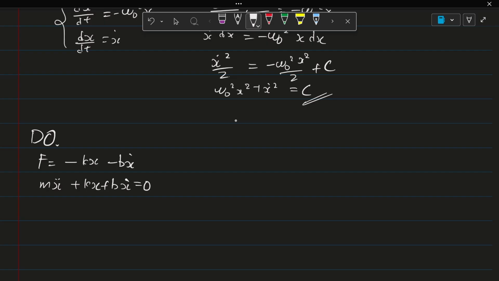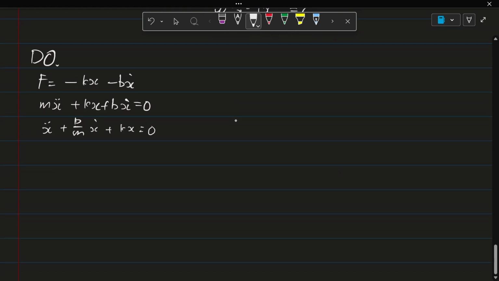So let's divide everything by m. So this would be x double dot plus b over m x dot plus k over m x equal to 0. And now let's transform this into 2 beta as well as the omega 0 squared that we have already defined. And you will later see why we denote this as 2 beta, because it's a very useful way for you to denote the damping.